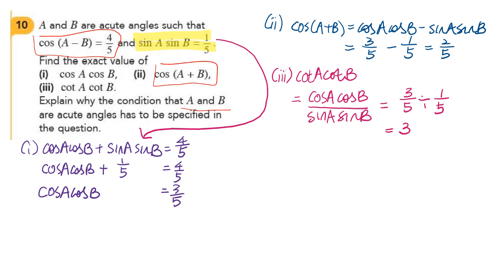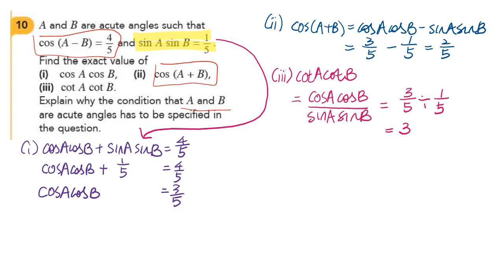So to answer the question, think of it this way. If a and b are not acute, if a and b are something else, would your condition still hold? Let's say sine a is positive and sine b is negative, then would you still get sine a sine b equals 1/5? You won't, right?